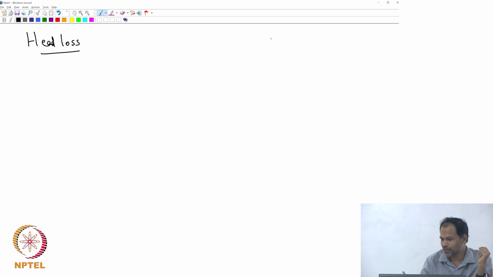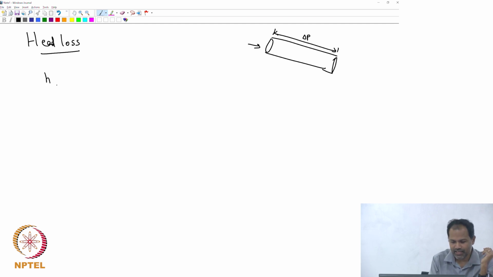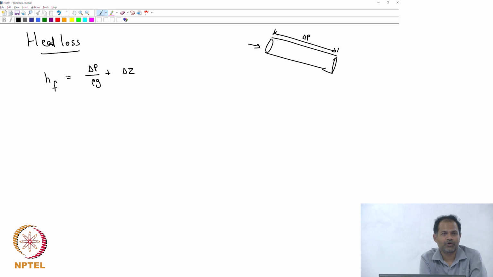So we probably would have taken some pipe, where you have fluid flowing, and then there is a pressure drop of delta P, and we would have calculated HF, the head loss, as delta P divided by rho G plus some delta Z. If you want, you can turn your pages and check that the relation is correct.